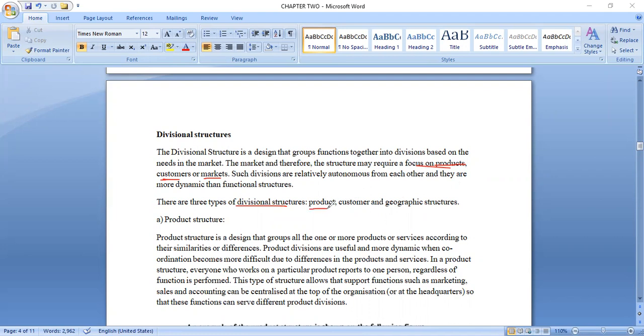So we categorize functions or departments in terms of products, in terms of customer needs, customers that the organization is serving, or in terms of meeting particular customers in a specific geographical area. So among divisional structures, we have basically three types.